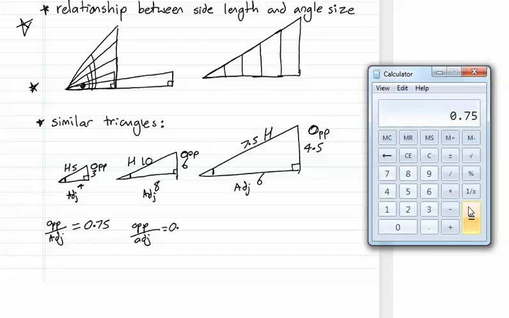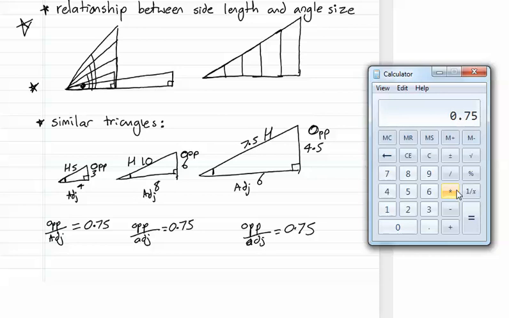And the last triangle, opposite over adjacent. The opposite is 4.5, divided by the adjacent, which is 6. 0.75 again. The relationship between the opposite and the adjacent is always the same for identical triangles.